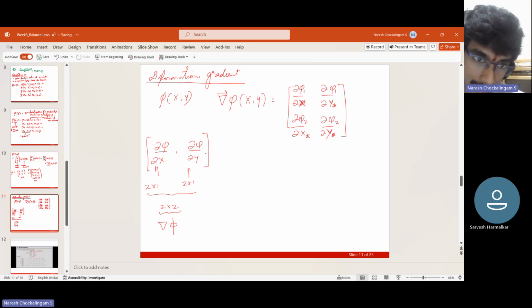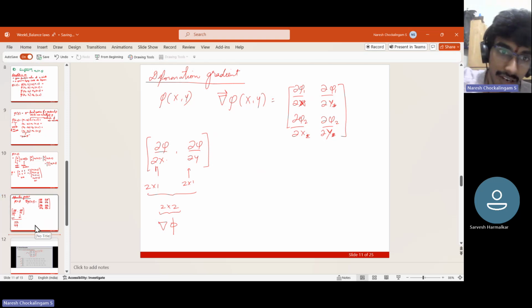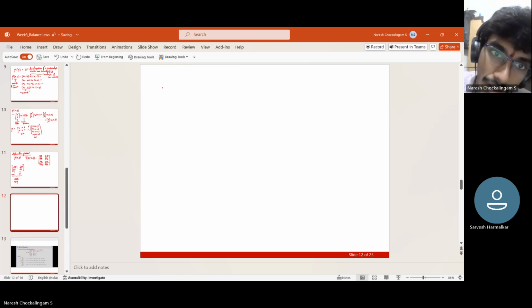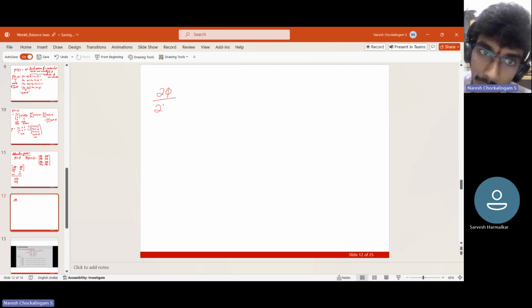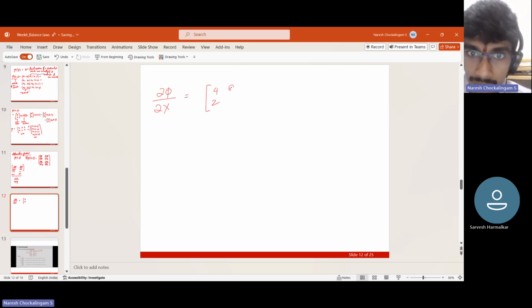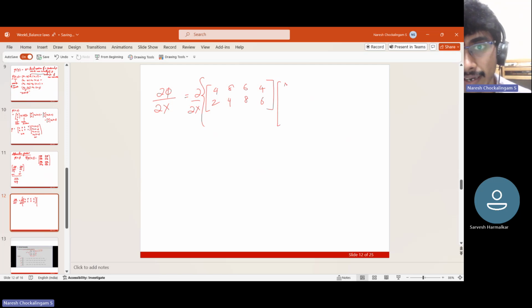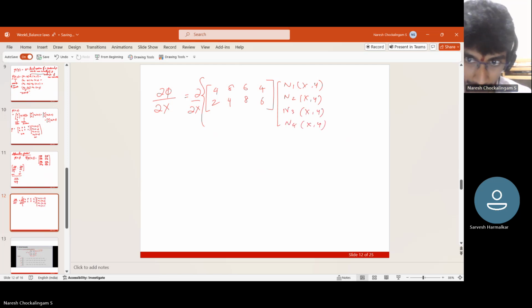Let us see what this is. So the first component is nothing but dou phi by dou x, and it is nothing but the matrix 4 2 8 4 6 8 4 6, with dou by dou x of this multiplying n1 of xy, n2 of xy, n3 of xy, and n4 of xy.